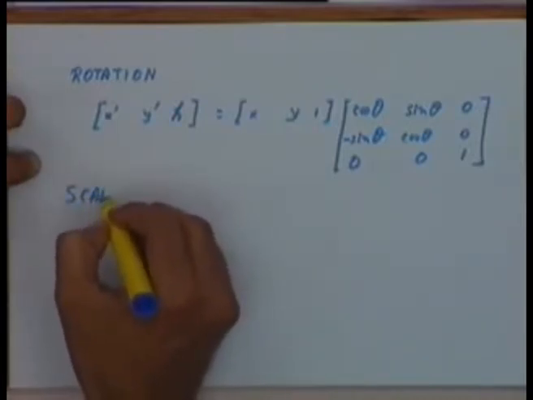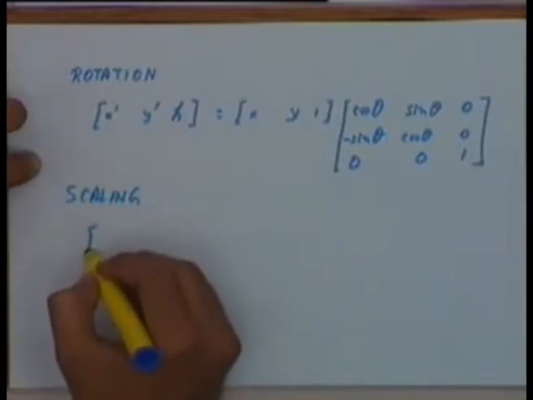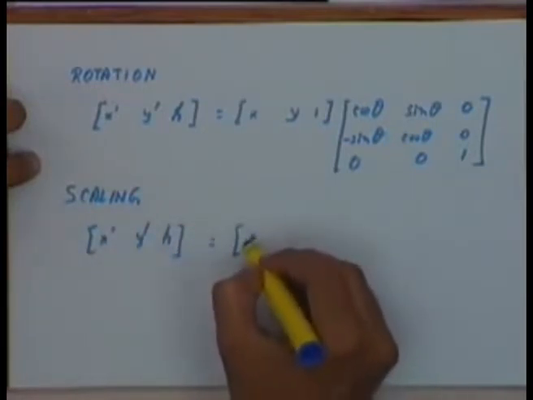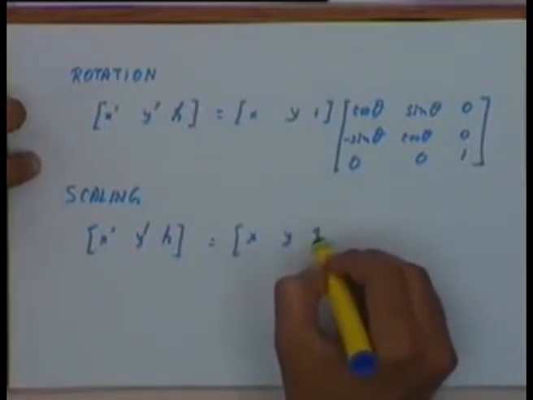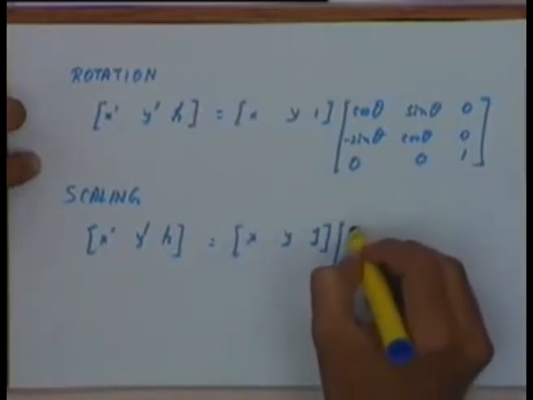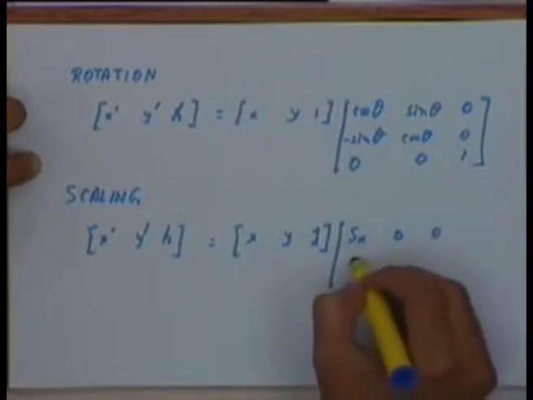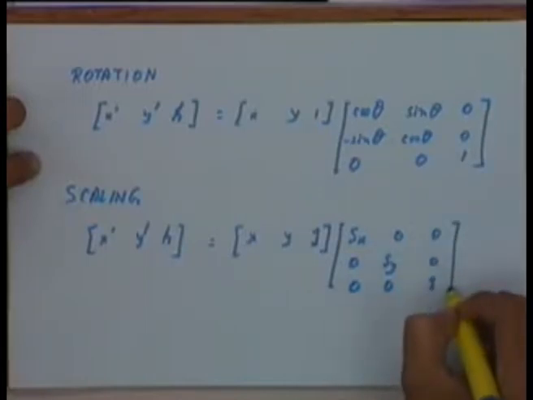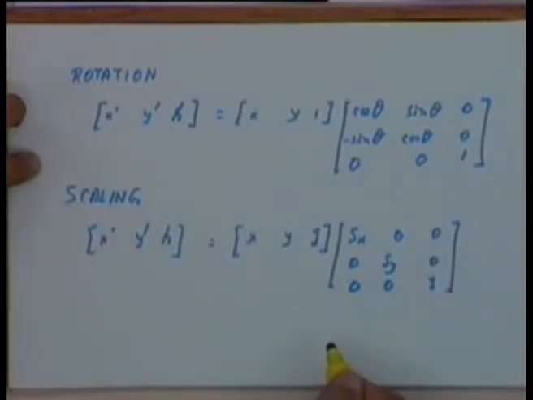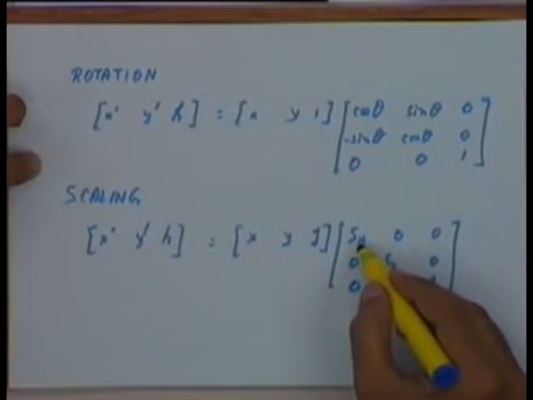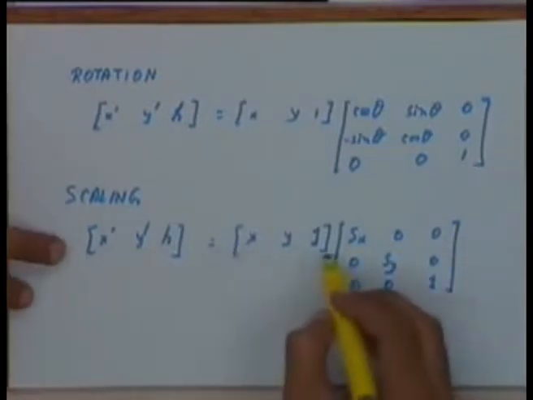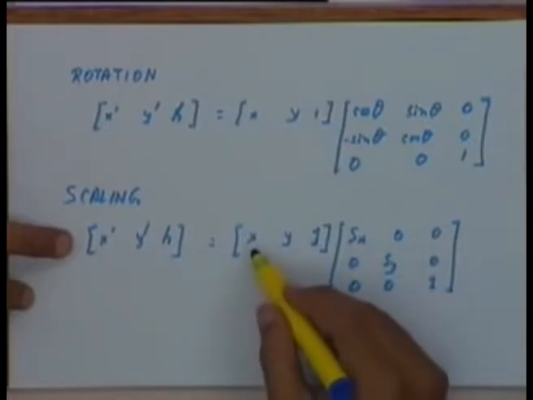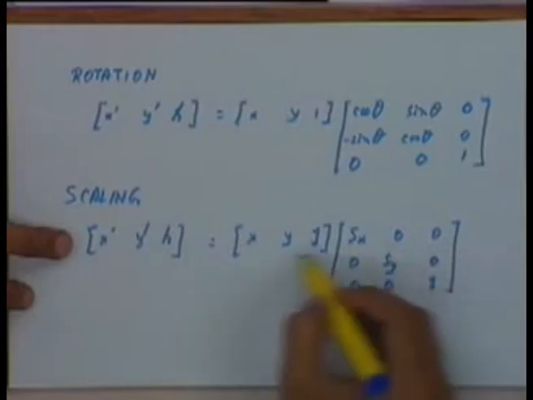Then scaling can also be captured in a similar manner. We have to scale by an amount of sx. This row vector will get multiplied with this column vector, and x prime is equal to sx times x, and y prime is equal to sy times y.